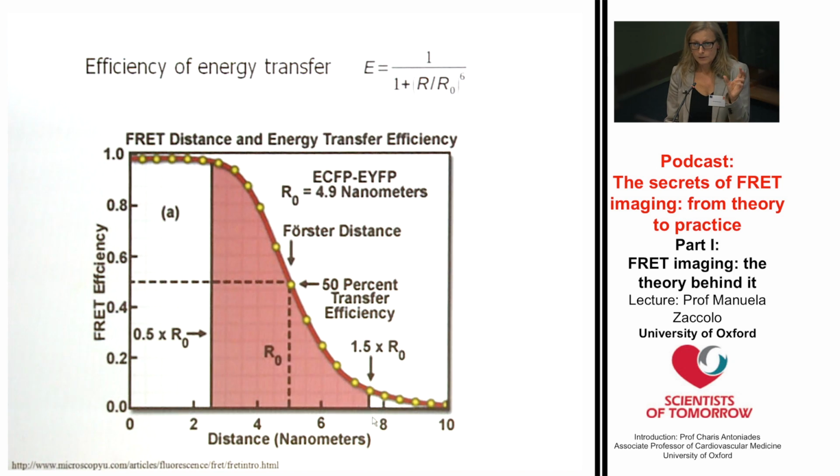So any intermolecular distance above 7.5 nanometers abolishes FRET, and any distance below 2.5 nanometers will not add anything to your FRET efficiency.